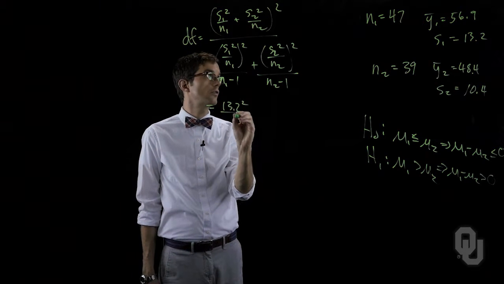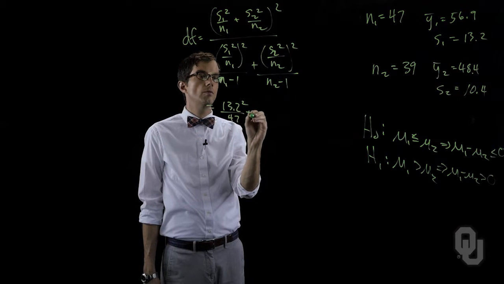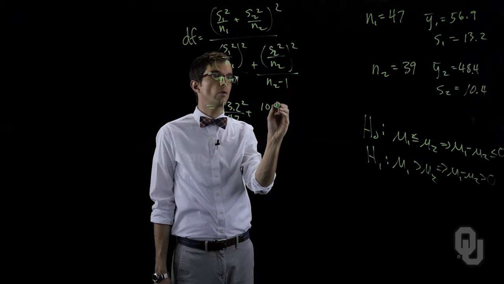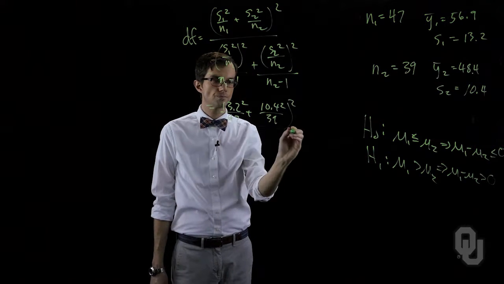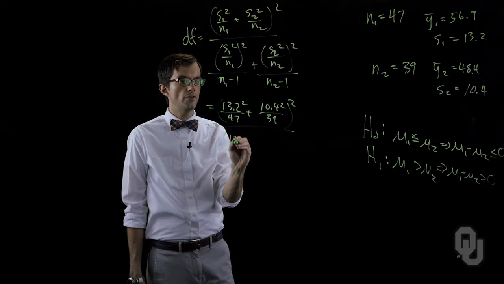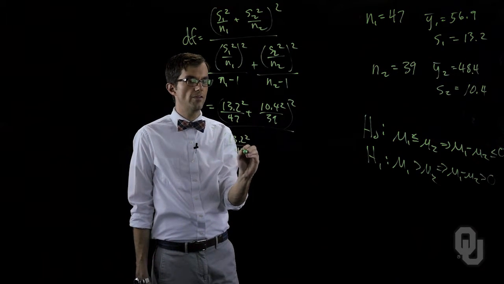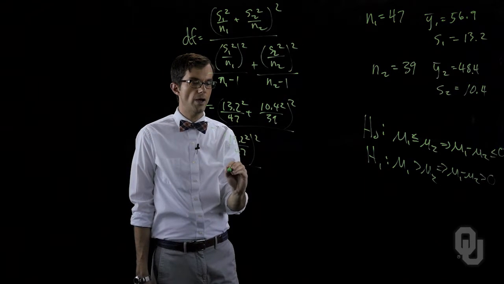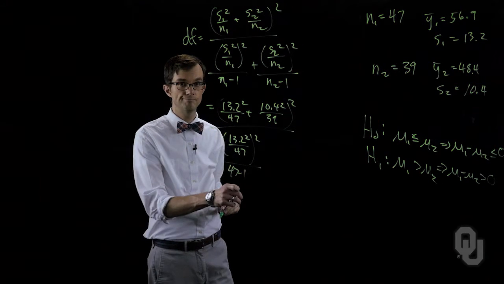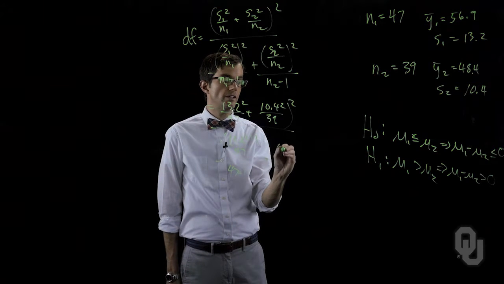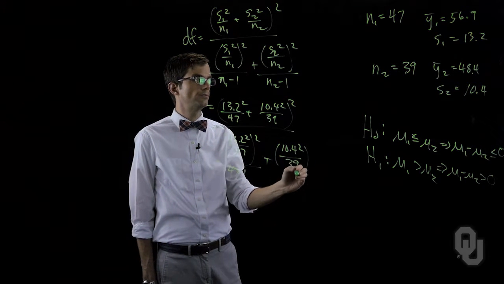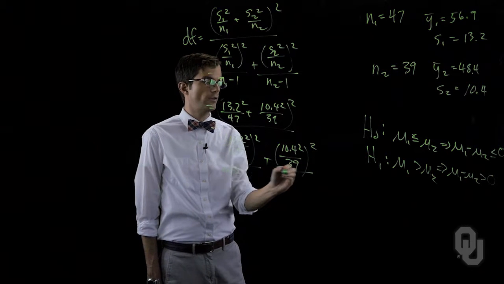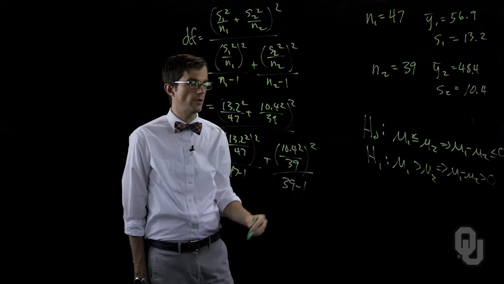13.2 squared over 47 plus 10.4 squared over 39, all of that squared, divided by (13.2 squared over 47) all squared, divided by 47 minus 1. Add to that (10.4 squared over 39) all squared, divided by 39 minus 1.